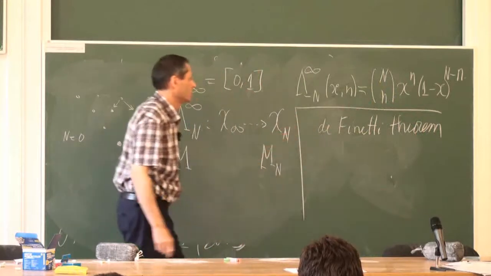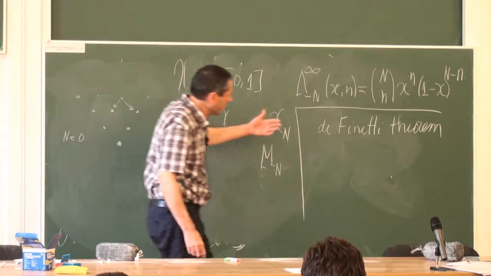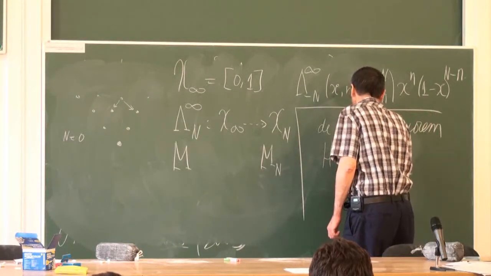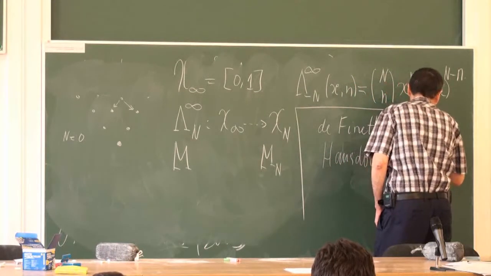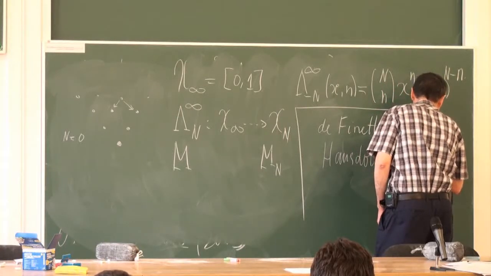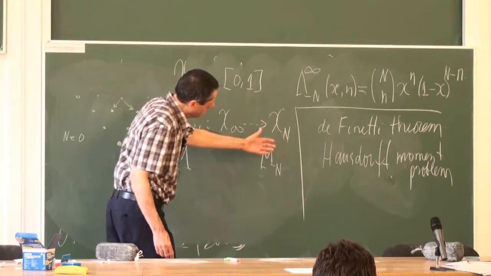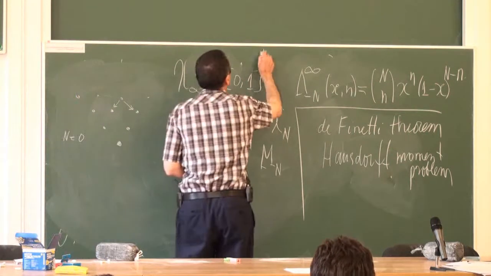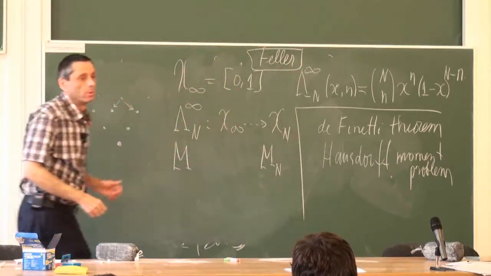And this is a useful exercise to understand this. And de Finetti's theorem, in turn, is equivalent to the Hausdorff moment problem. I don't want to go into details. If you don't know this, we can look at Feller's book, or simply Google.